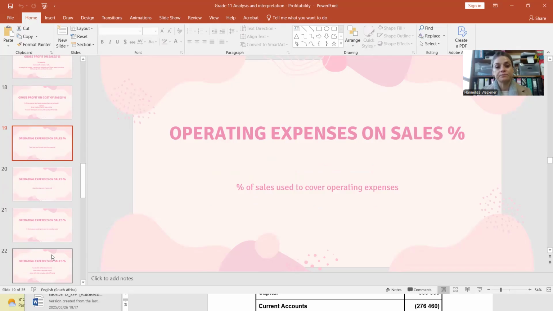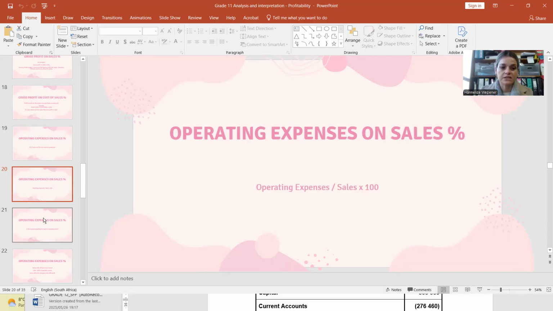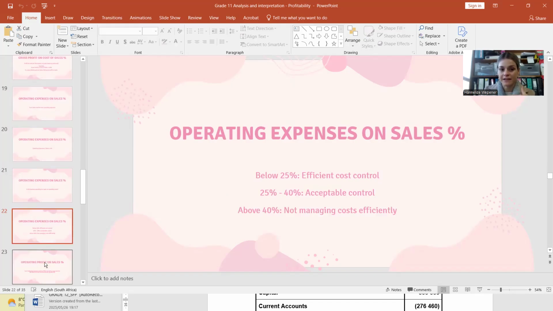So in other words, how much of my sales did I have to take to pay or then cover my operating expenses? And this, you can only imagine, you want this to be low, because operating expenses means now I have less profits. So I don't want the operating expenses on sales to be high, because I don't want to spend too much on operating costs. I need to manage my expenses effectively.